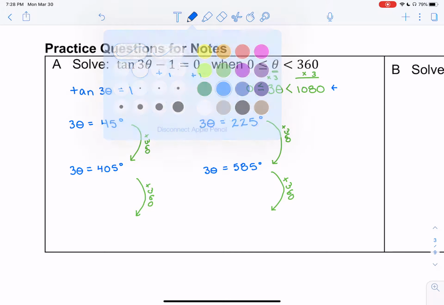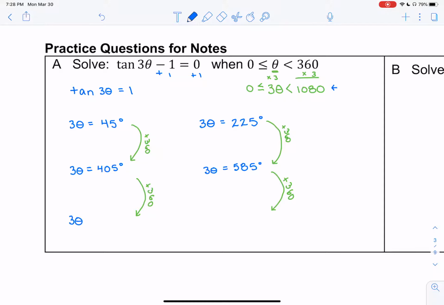So I also find that 3 theta equals, add 360, I have 765 degrees. And over here, if I add 360, that would be 945 degrees. Now I can stop. If I add another 360 to either of those, it's going to hit above 1080. So I now see that I have 6 solutions.